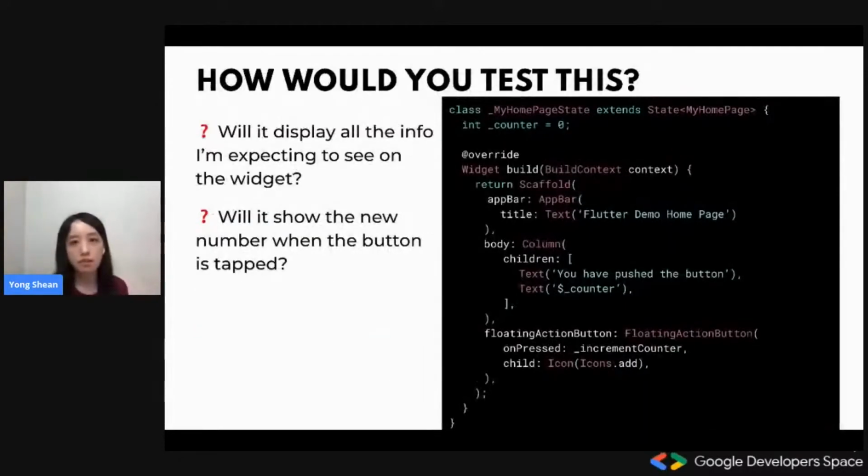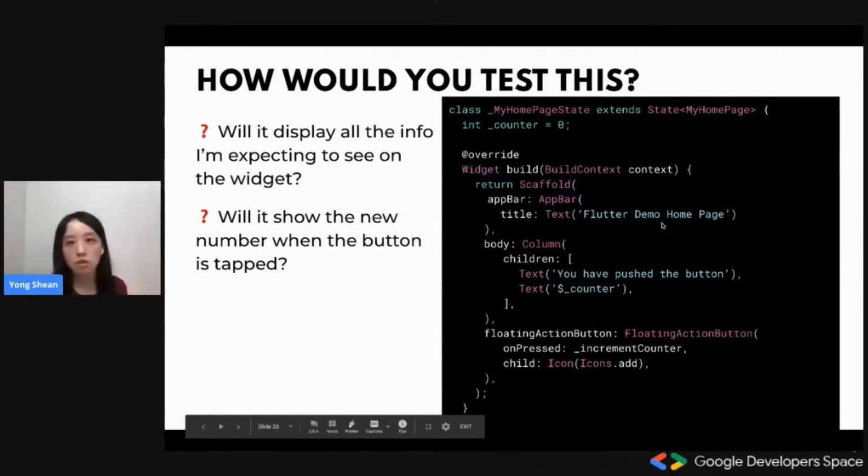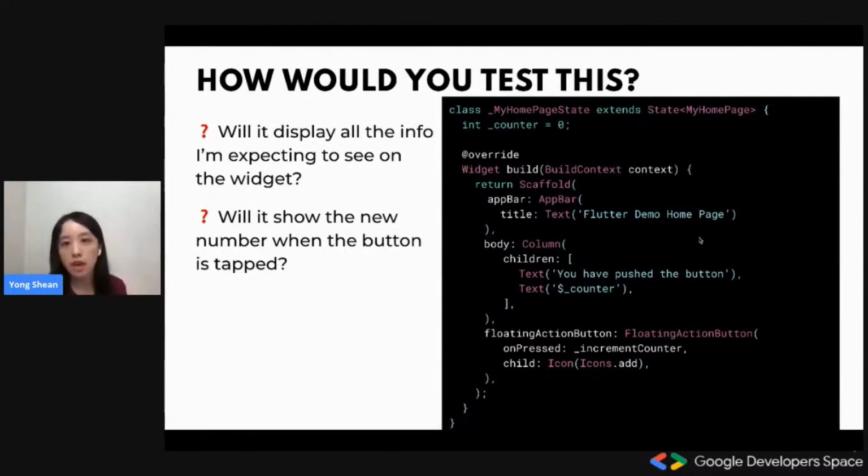So for example, if you have this widget, you probably have seen this before, if you have used the Flutter create command to create a new Flutter project. So this is the code.